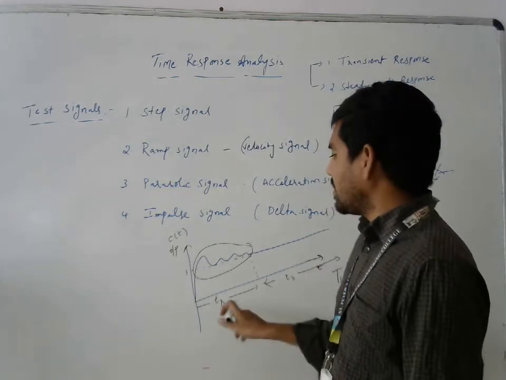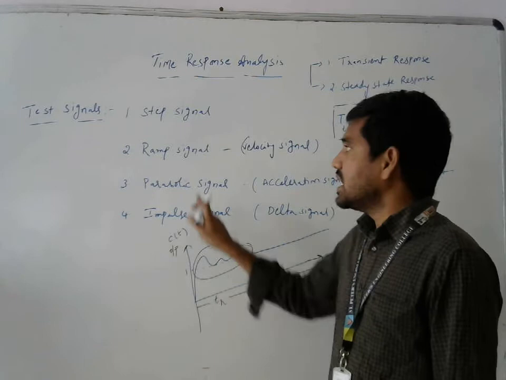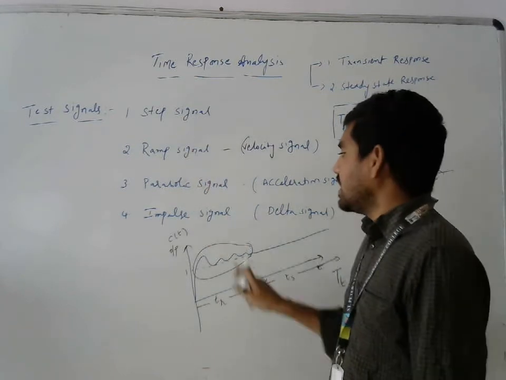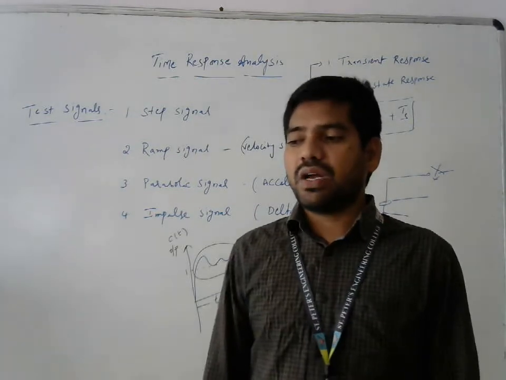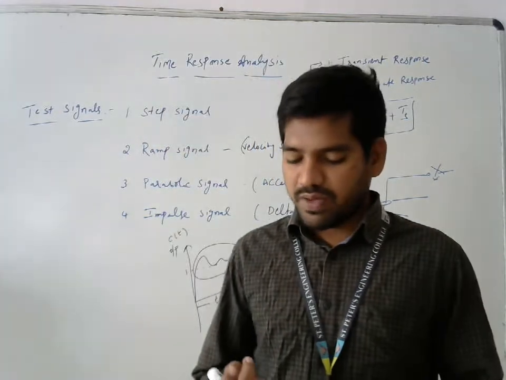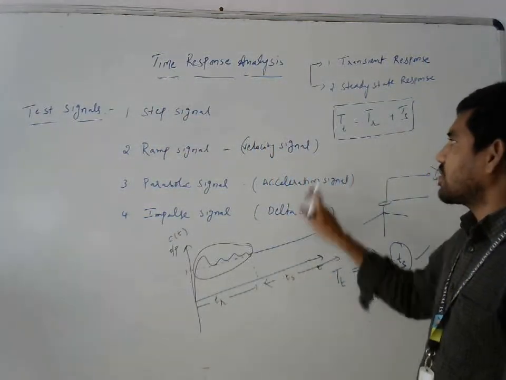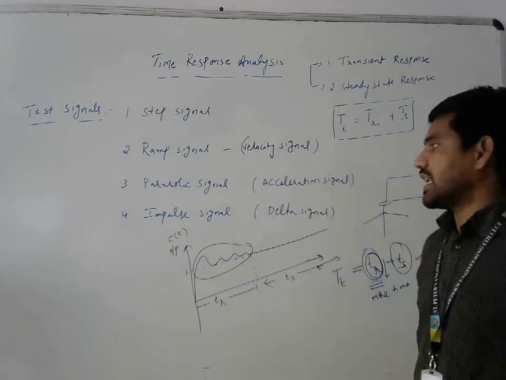That means the behavior of the system will vary with respect to the signal given to the input, whether it is a step input, ramp input, parabolic input, or impulse input. From that, how it varies is what we are going to discuss here. That is why we use different types of test signals.